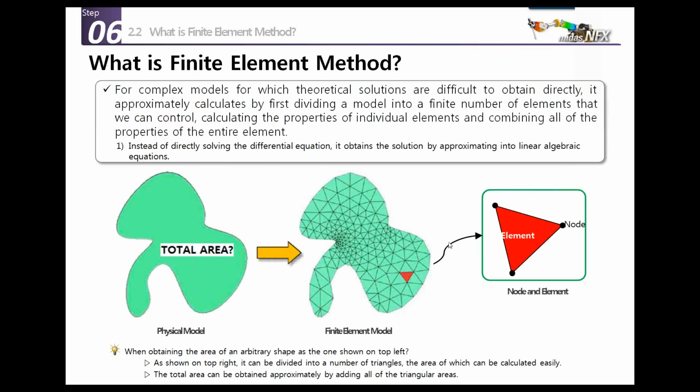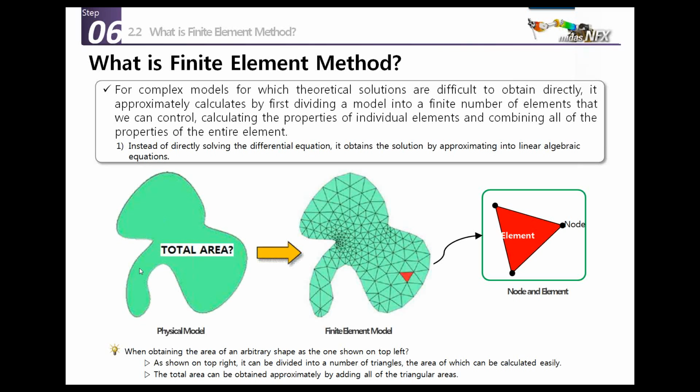So what is actually called the finite element method? The finite element method is a method which is used to discretize a physical model. When you have a real model like this one, you cannot determine the total area, and it's difficult to apply some load on this.